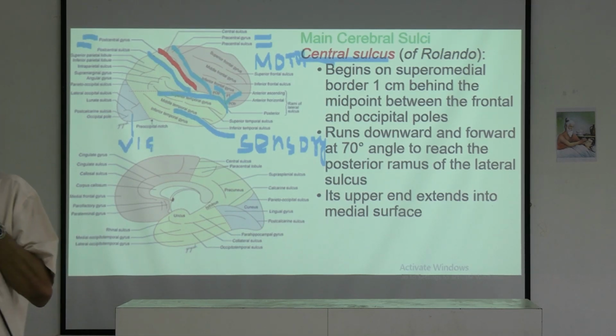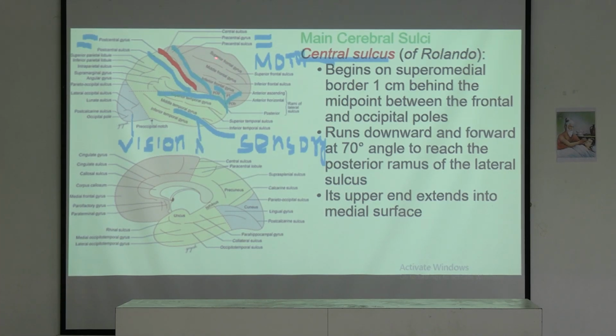General sensory and special sensory. Special sensory means audition, vision, taste, the sensation from the skin. So this occipital lobe is concerned with vision, and this temporal lobe is concerned with audition.